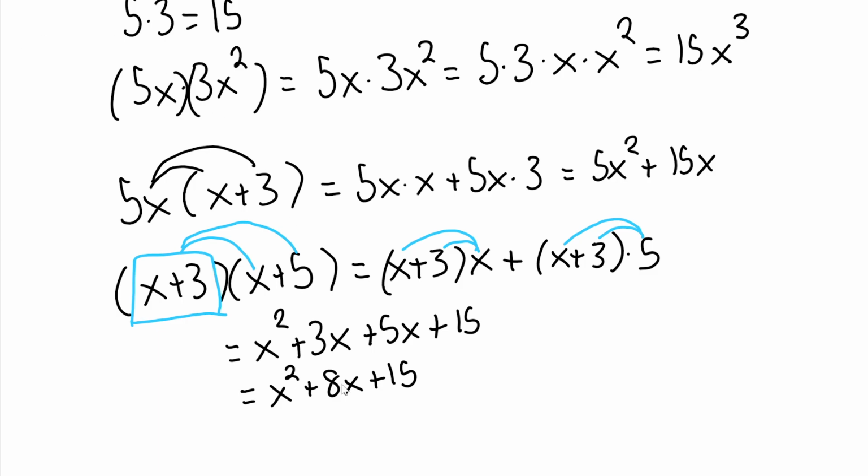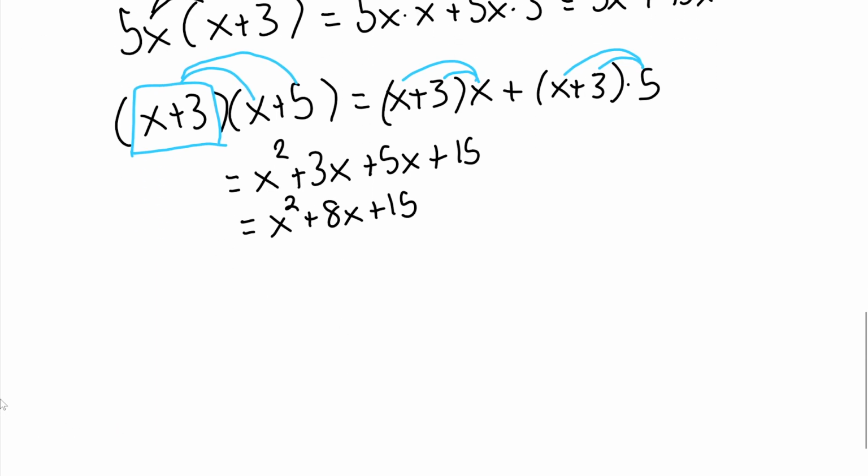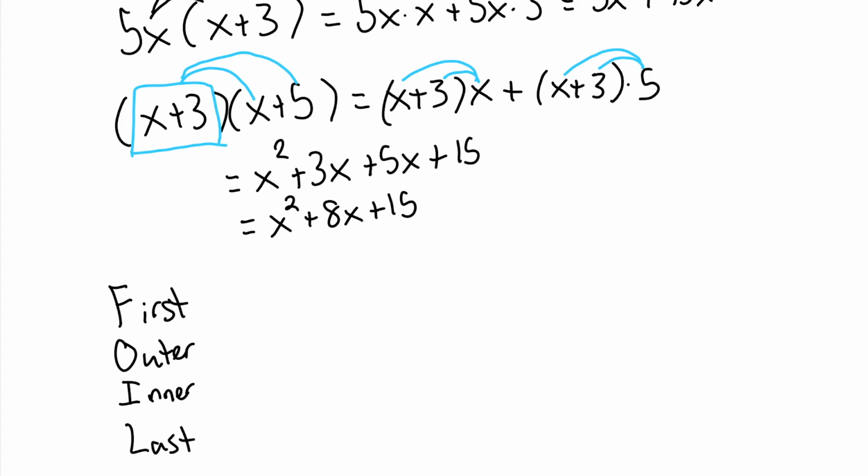Okay. Now with a binomial times a binomial specifically, a lot of people really like the FOIL method. It's an acronym, which stands for first, outer, inner, last. A lot of people like to think of it this way. A lot of people don't like to think of it this way because it's a very specific case, right?